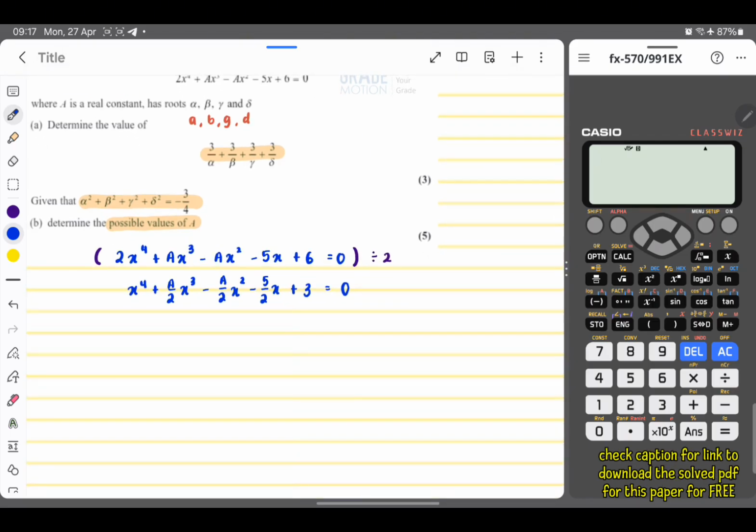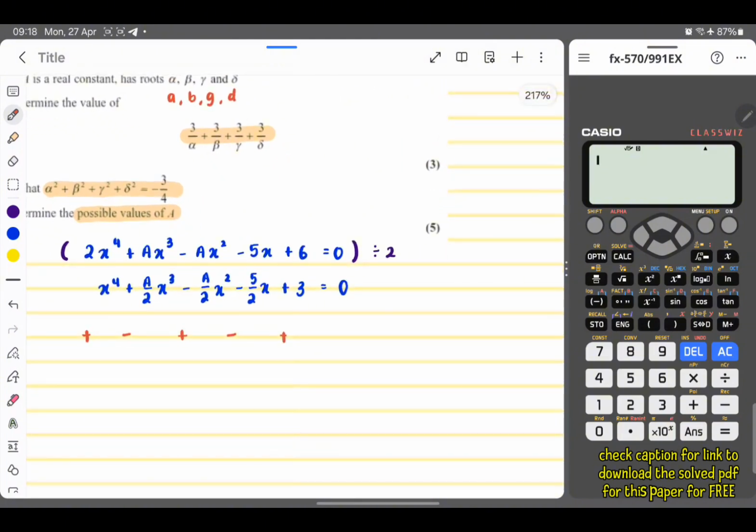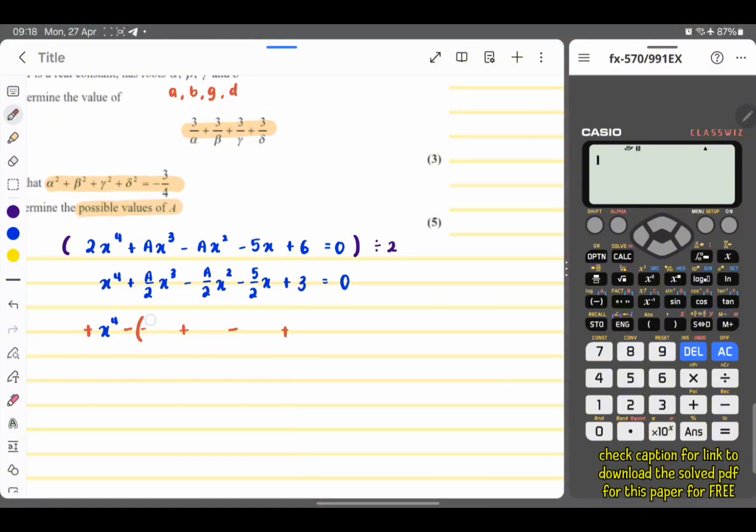To extract the information from this quartic equation, I have to make sure my coefficients alternate in sign. So it should begin with plus. So here I have plus, minus, plus, minus, plus. Here I have x to the power of 4, and this one we want to be negative, so here should be negative a over 2 inside the bracket, so here is x cubed.